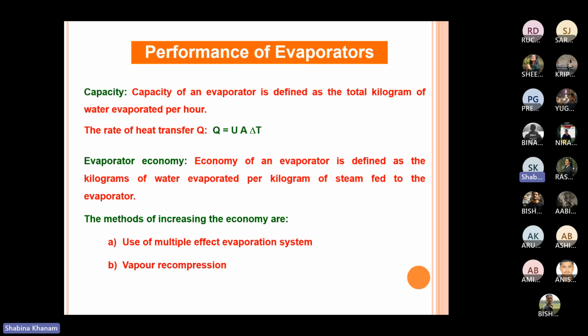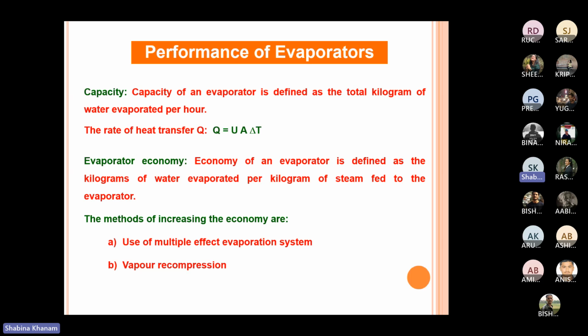Let's say, to give an example, I have a 3 effect or 4 effect evaporator system, in which the evaporators are arranged in series. You understand that steam feeding in the evaporator is always done in the first effect.